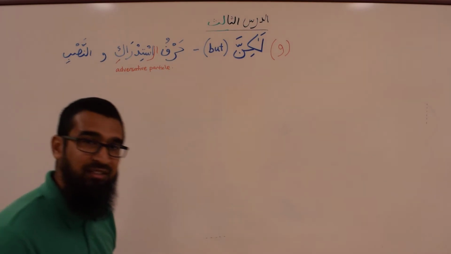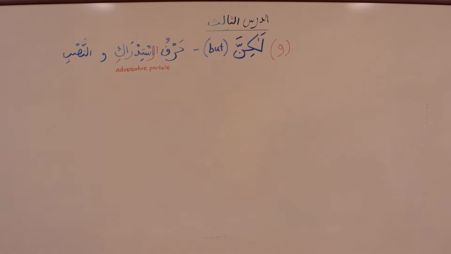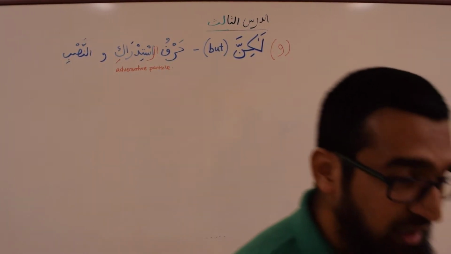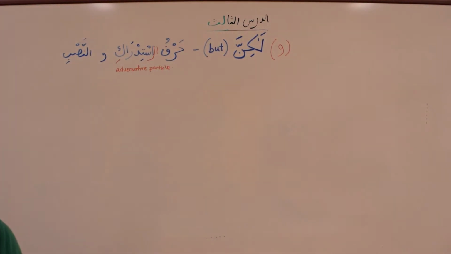So we will look at some examples now, inshallah, of lakinna. And keep in mind the meaning of it, as well as the amal, the effect it's going to have on the sentence. So here comes a few sentences.